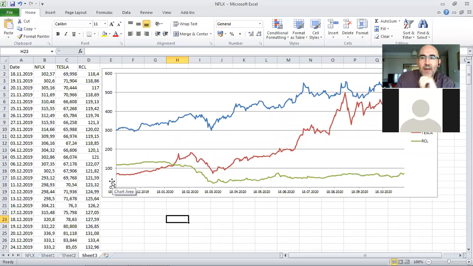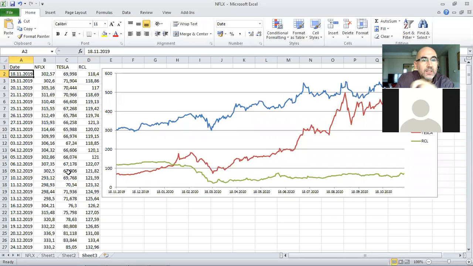We have a table here which gives us the closing prices of 3 different stocks, and I chose Netflix, Tesla, and Royal Caribbean Cruises, a stock most dramatically affected by the pandemic. The starting date is 18th of November 2019, and the finishing date is 13th of November 2020.